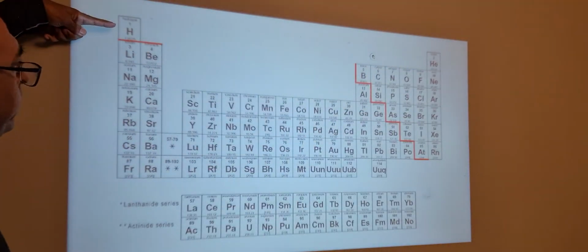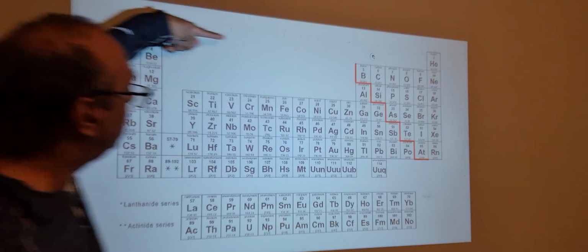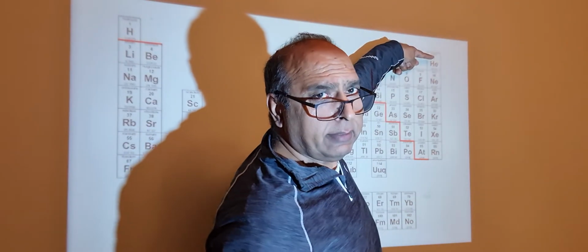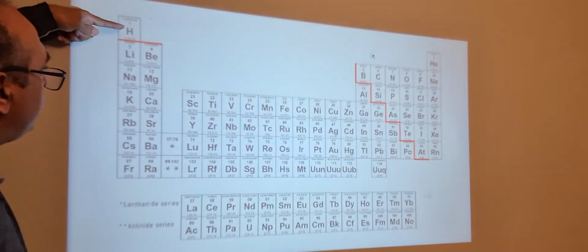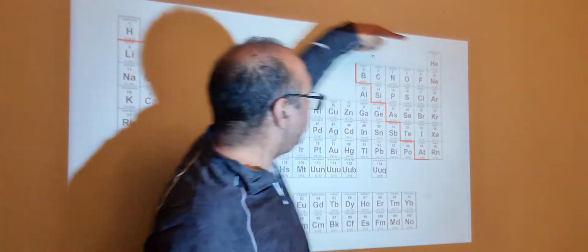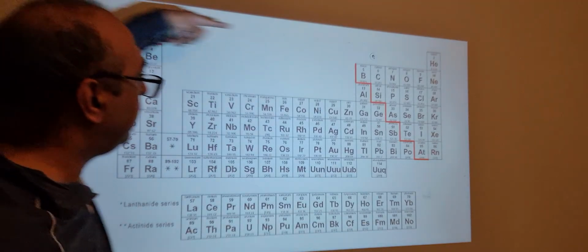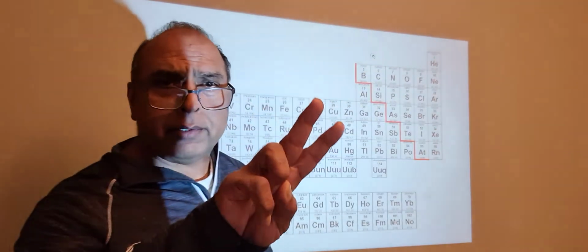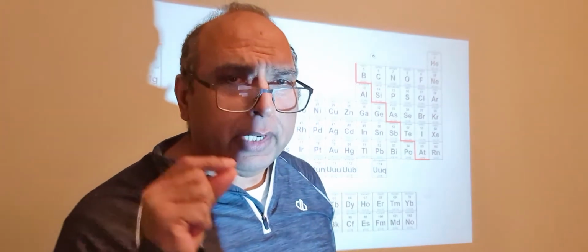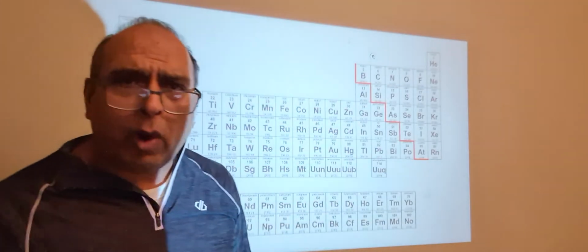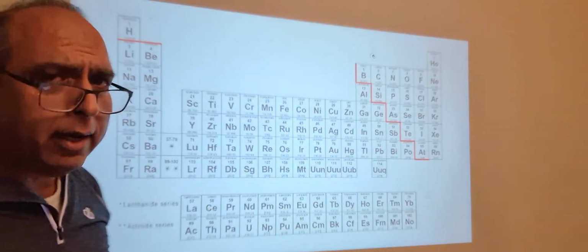The first period is helium and hydrogen. Hydrogen there, helium there. Hydrogen and helium, those two elements make up the first period. And we will link this with the number of electrons later. So you need to know what period these elements are.